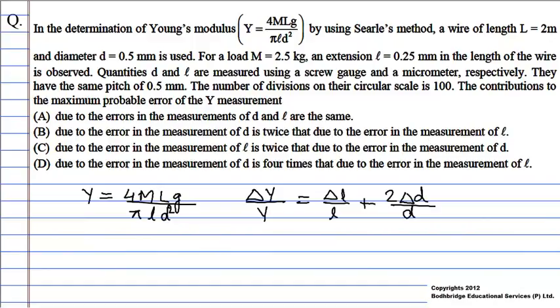In this question, we have to find out the contributions of the error by delta l and delta d. They will be delta l upon l and twice of delta d upon d.